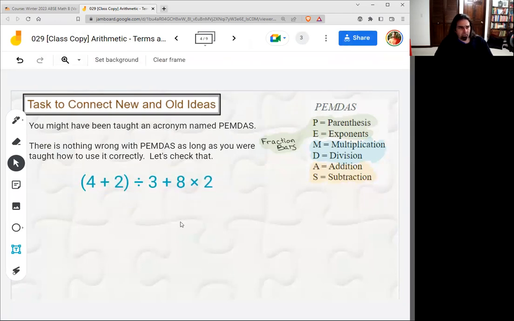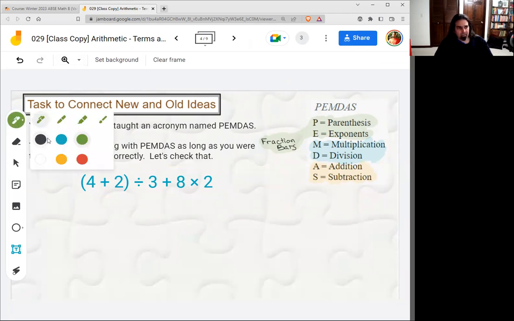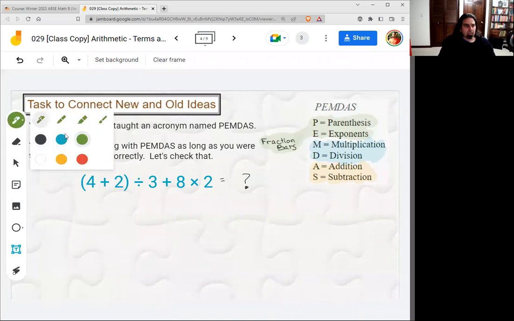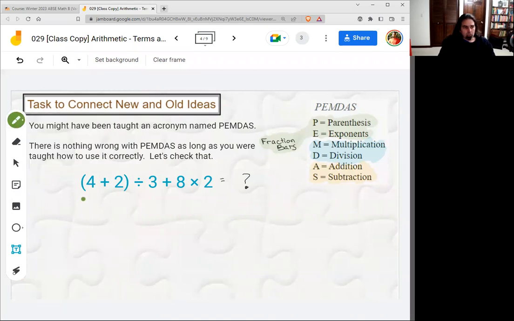So if I was to say this equals what, I'm trying to simplify it. What does this equal? So to play the terms game, I start on the left like I'm reading. There is a plus sign, but that plus sign is inside a parentheses, so it doesn't count.